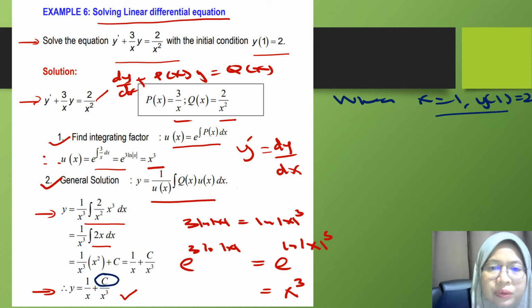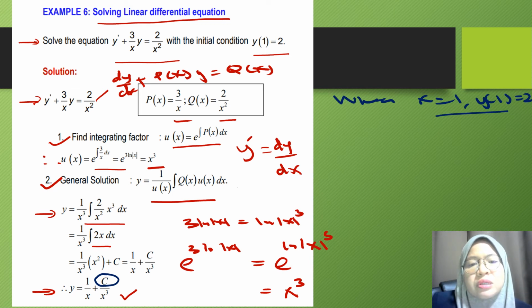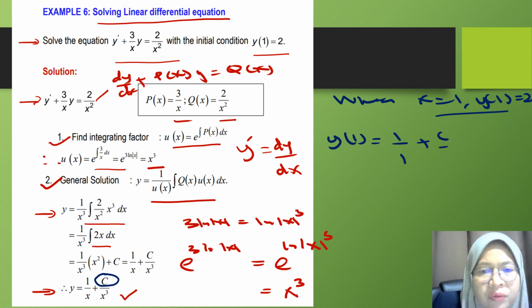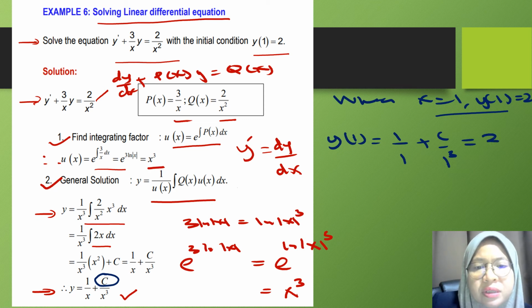Next, we insert this value, when x equals 1 then y equals 2, into this equation: y at x equals 1 is equivalent to 1 over 1 plus c over 1 to the power of 3, and that equals 2. We solve this equation, and we have c equals 2 minus 1.